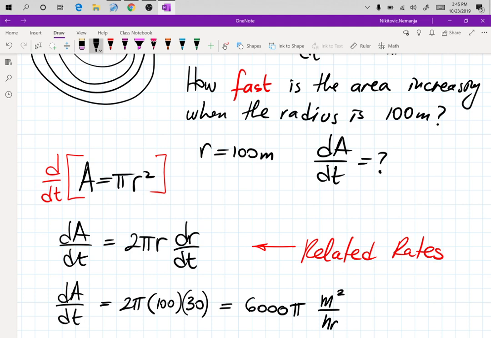Well, when you kill these 2's, now you can divide these 2's, and you have x dx dt plus y dy dt is equal to d dd dt. So look at this formula.